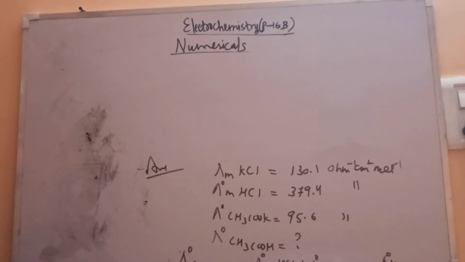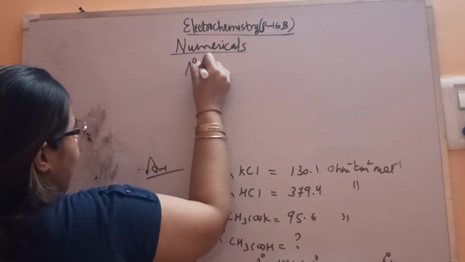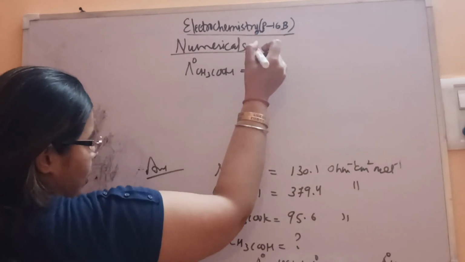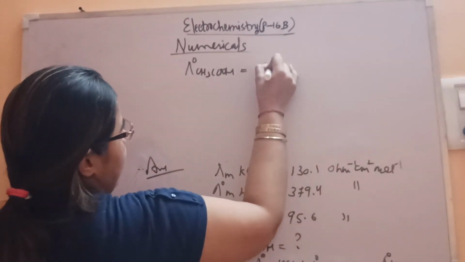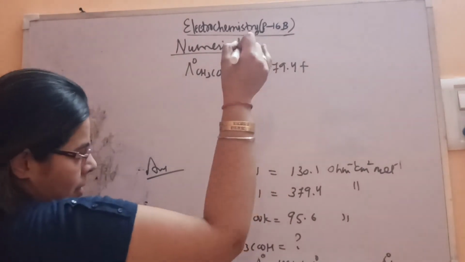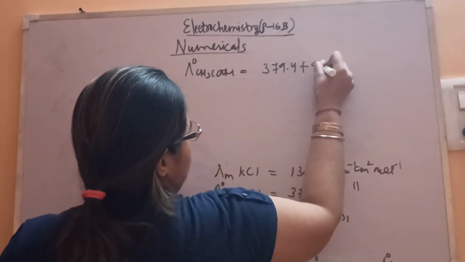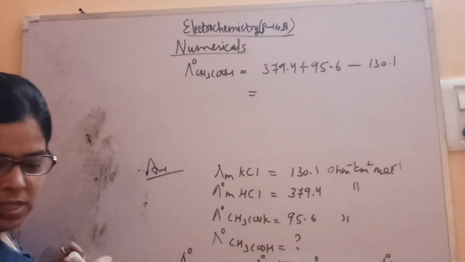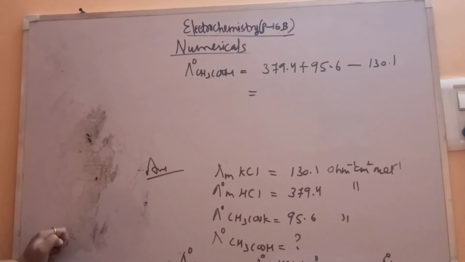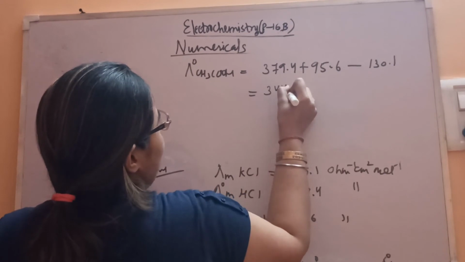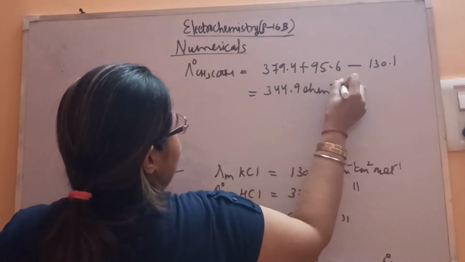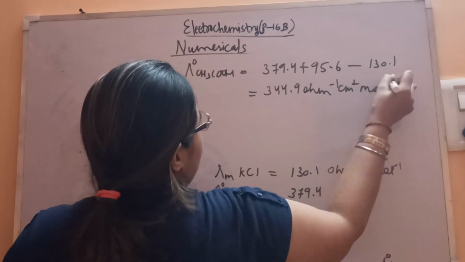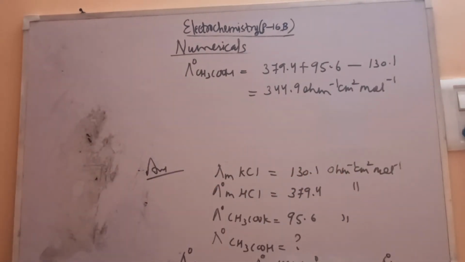HCl is 379.4 plus this 95.6 minus 130.1. When you solve this, you will get 344.9 ohm inverse centimeter square per mole. Just check. Are you all getting this?